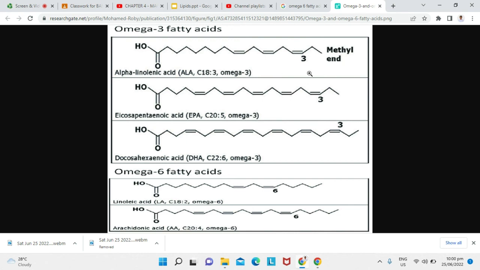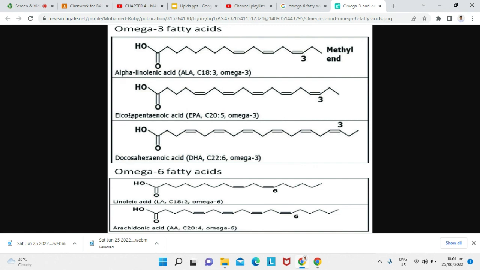So say for example here, alpha linolenic acid, which is an omega 3 fatty acid. So nganong na omega 3 man ni siya? Because if you count from the omega end, naa sa ikatulo dayon ang first nga double bond. So 1, 2, 3. So that's why ALA is an omega 3.